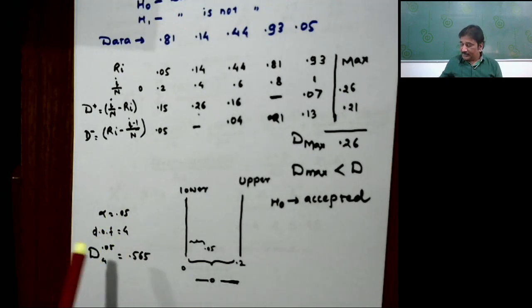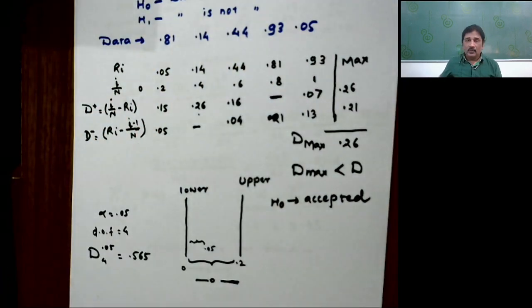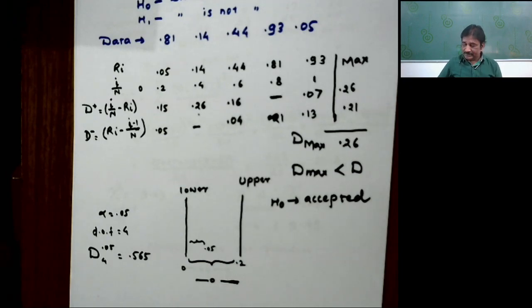And you will be taking degree of freedom one less than the data points you have. Data points which you have are 5, so degree of freedom is taken one less than that, that is 4. All right, and then you will be finding for degree of freedom 4, in the first column it is written 0, 1, 2, 3, 4, 5, and so on.